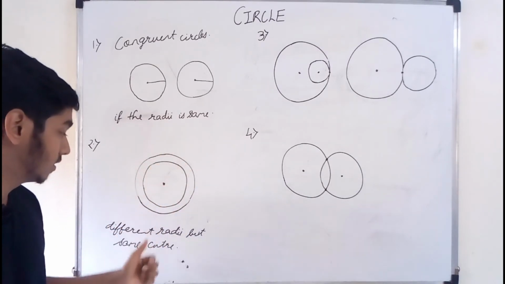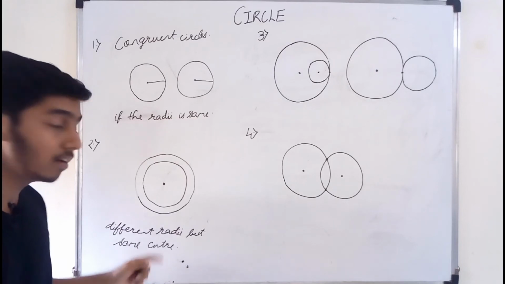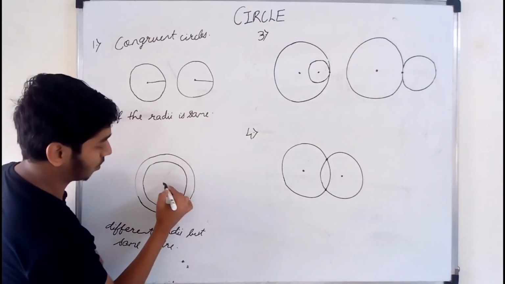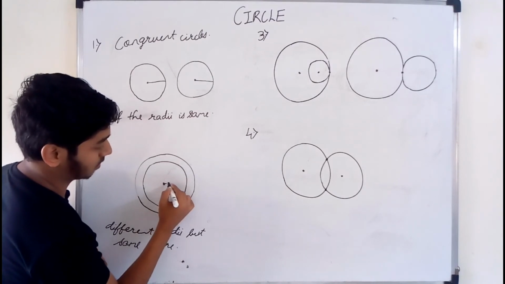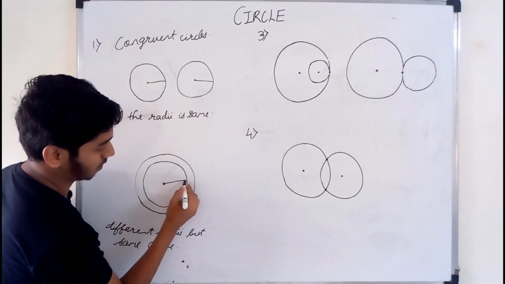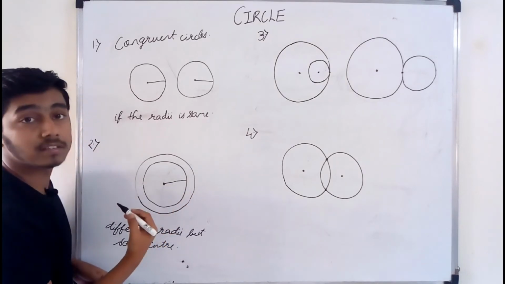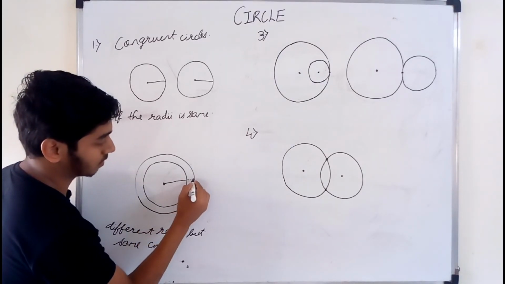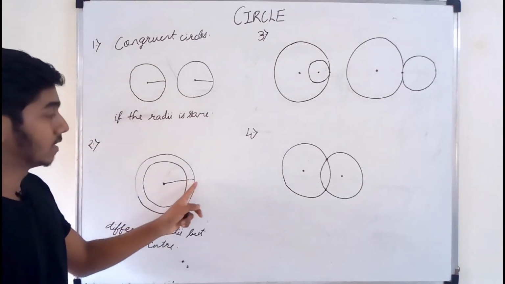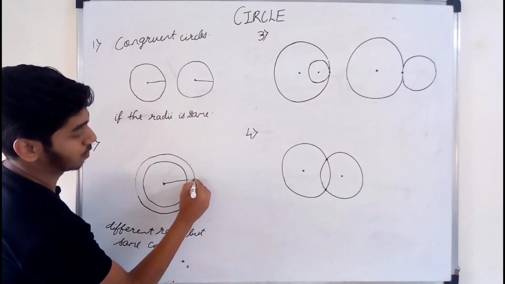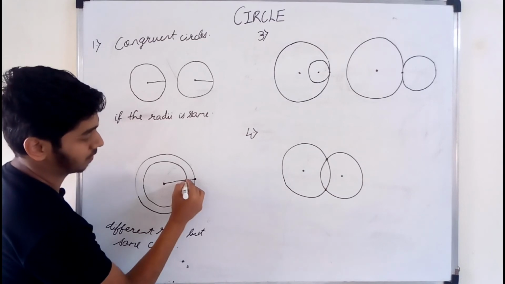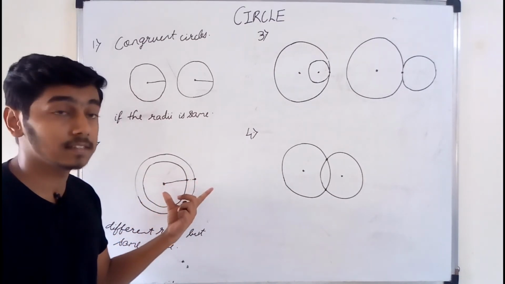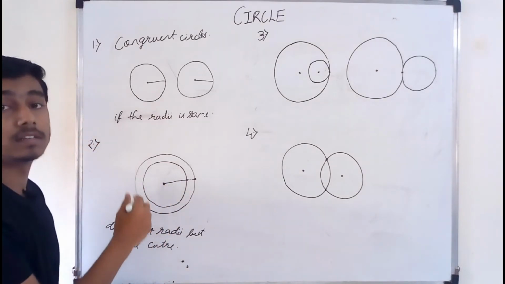The center is the same, but the radius is different. So if I draw, this is the radius of the inner circle and this is the radius of the outer circle.